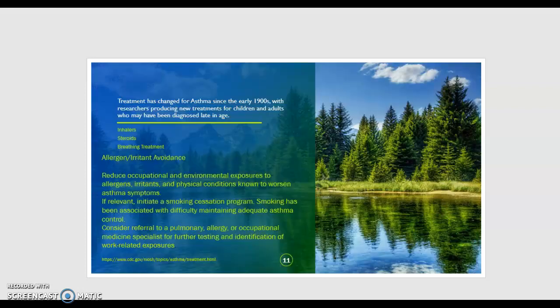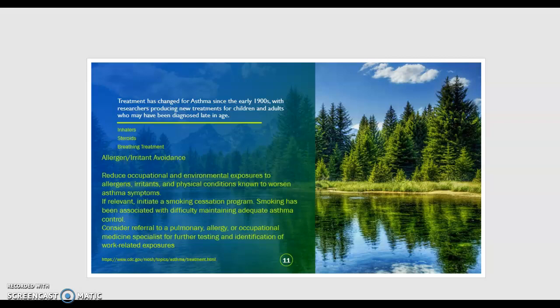And slide number 11, we're going to talk about treatment of those reactions and asthma. Clearly, treatments have changed since the early 1900s. Today, we have different products like inhalers, steroids, and breathing treatments. Those are some treatments that your doctor may recommend when you have those reactions, an allergic reaction or asthma attack.